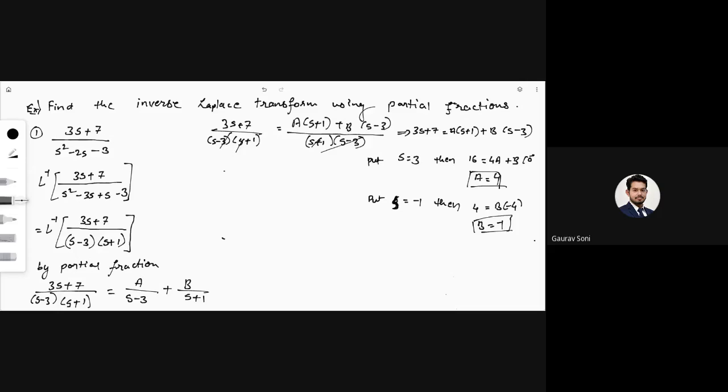So from this, (3s + 7) upon (s minus 3)(s plus 1) I have written as 4 upon (s minus 3) minus 1 upon (s plus 1).